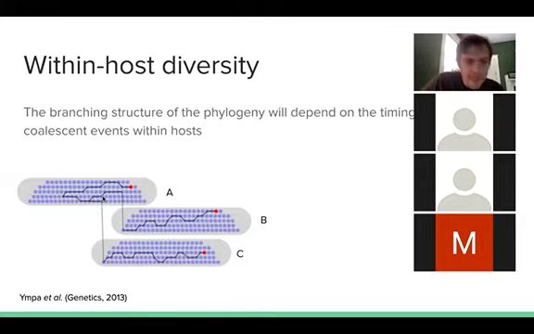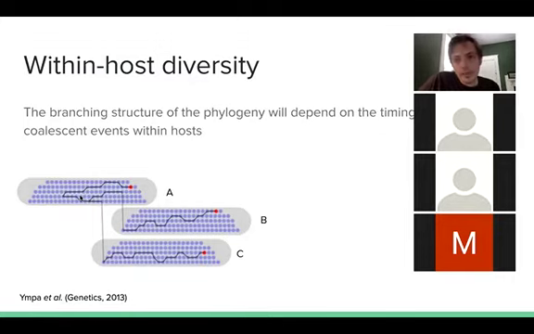We also recognized that it's an approximation to say that coalescent events occur exactly at the time of a transmission event between hosts, because while at transmission events a given pathogen lineage might move between two hosts, different lineages can remain in the same infected host for a while before they coalesce.